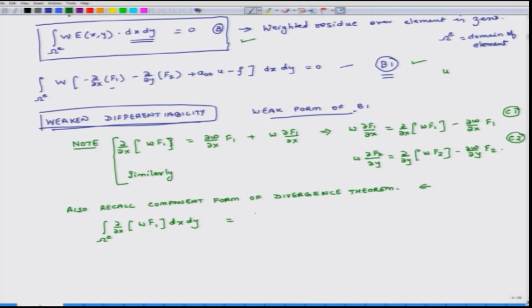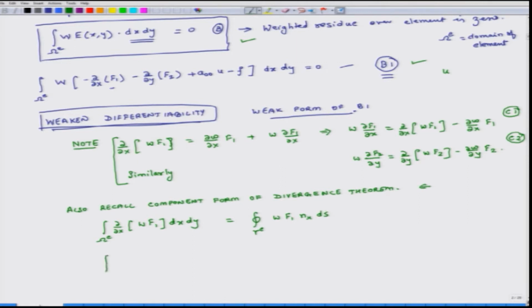I can express it as a boundary integral of w times f1 times nx ds, and I will explain this in a minute.